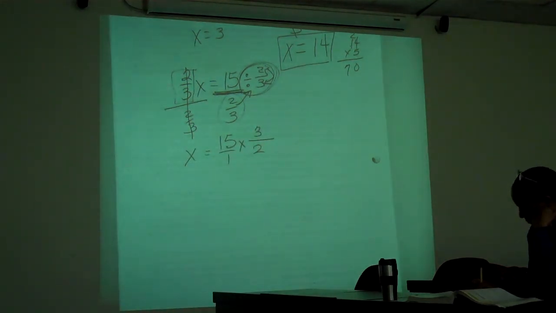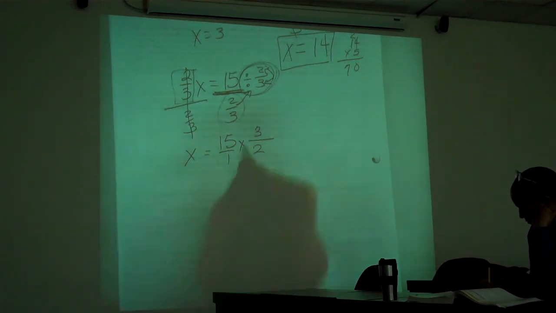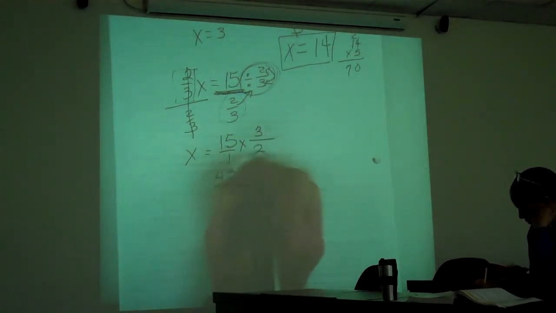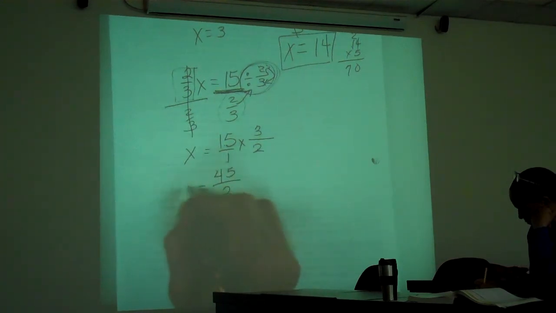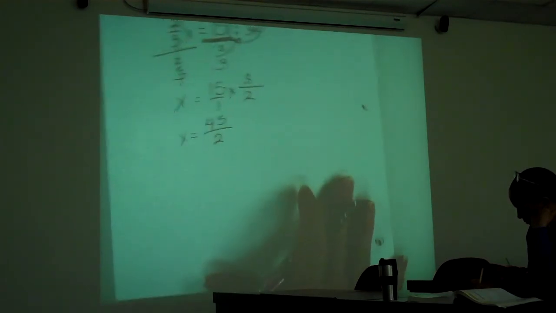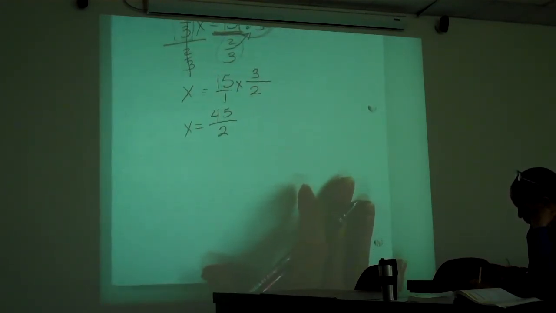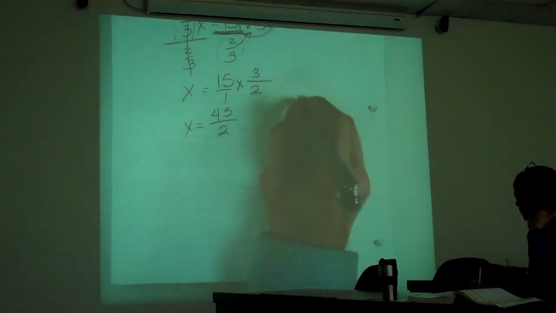That won't do any canceling, so we just do 15 times 3, 45. 1 times 2 is 2. If you have an improper fraction, do you remember how to change it to a mixed number? Divide. The top number goes under the division.